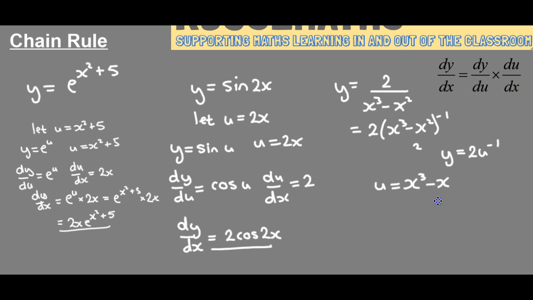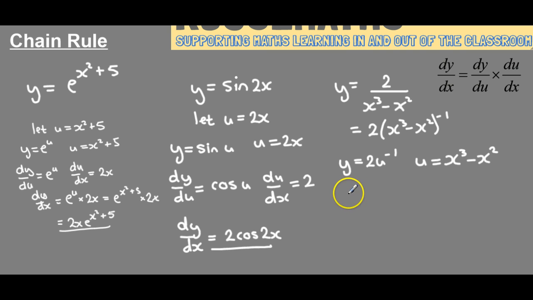Just to be thorough, I'm going to move them around. Now you think that probably doesn't matter, but in terms of exam technique, it helps to have a little system that you stick with when you're writing these questions out, and just avoids any problems. So we've got dy by du, which would be minus 2u to the -2, and then we've got du by dx, which is 3x squared minus 2x.